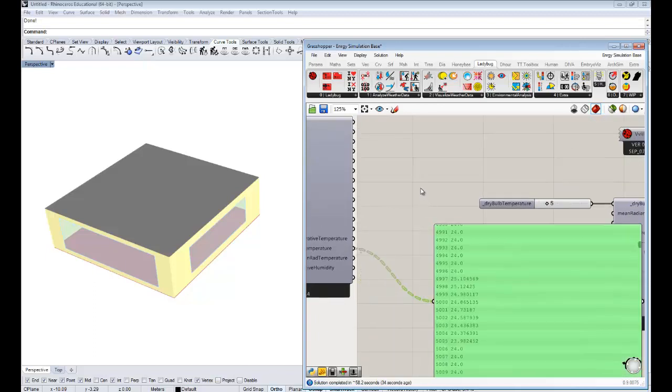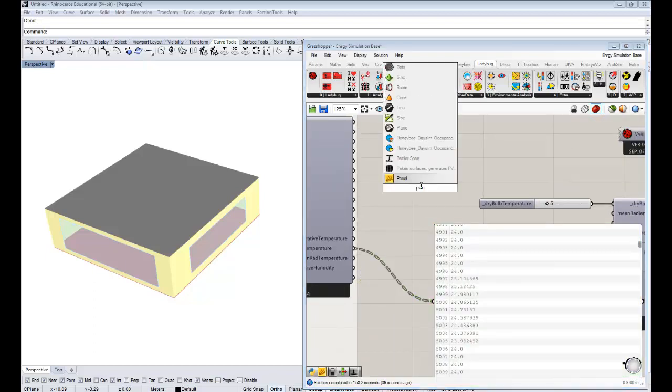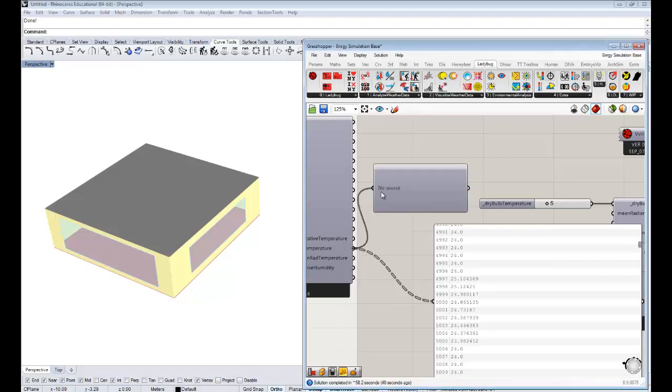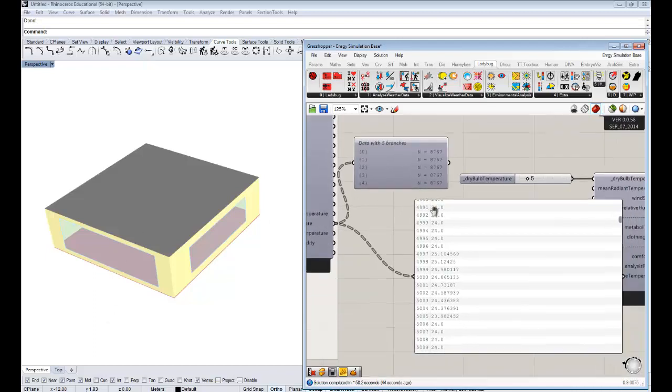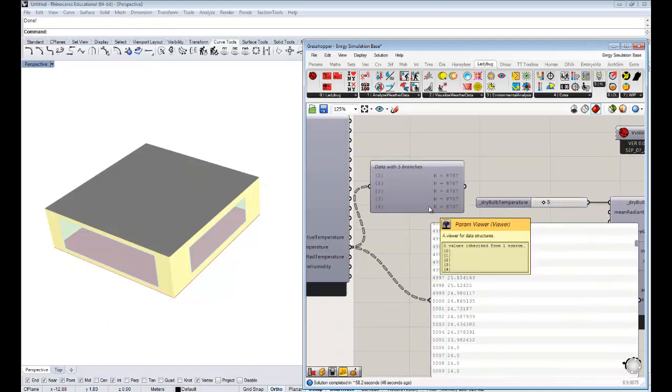You get one for each zone, and to prove that to you, we could use this Grasshopper param viewer, and you see there's 5 lists there for each of our 5 zones that each have 8,760 values for each hour of the year.